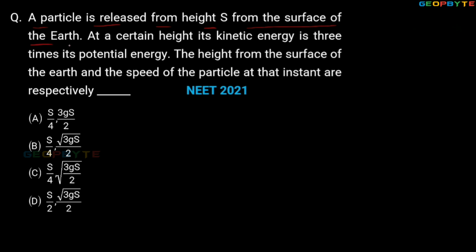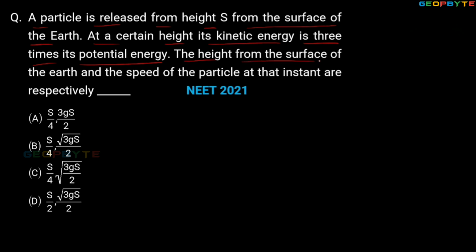A particle is initially available at a height of s from the surface of the earth and it is released from that height, which means the initial velocity of the particle is 0. As the particle travels down towards the surface of the earth, at a particular point its kinetic energy is 3 times the potential energy.